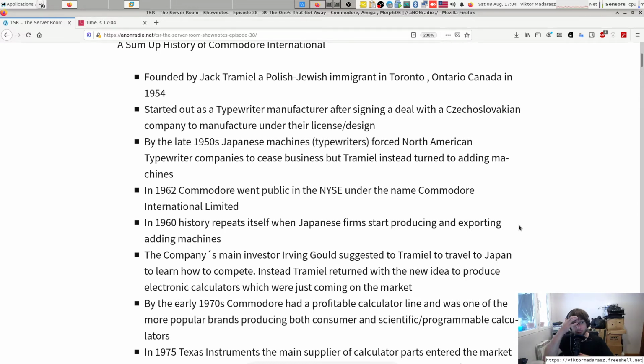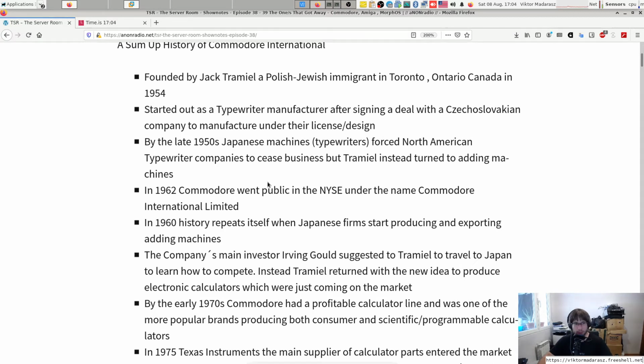It started out as a typewriter manufacturer after signing a deal with a Czechoslovakian company to manufacture under their license or their design. By the late 1950s, Japanese typewriters completely forced North American typewriter companies to cease business, but Tramiel instead turned to adding machines.